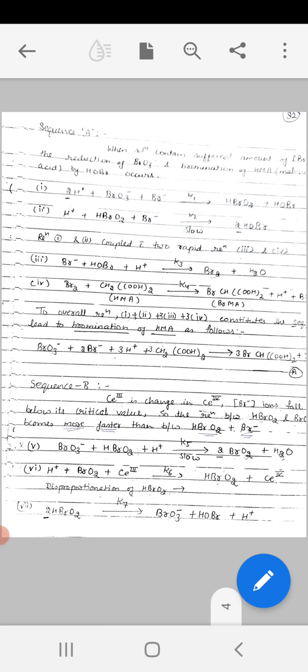Reactions 1 and 2 are coupled with two rapid reactions 3 and 4. The third reaction is bromide ion reacting with HOBr plus H+ ion with rate constant K3, giving bromine and water.